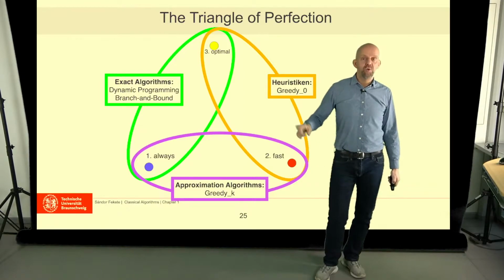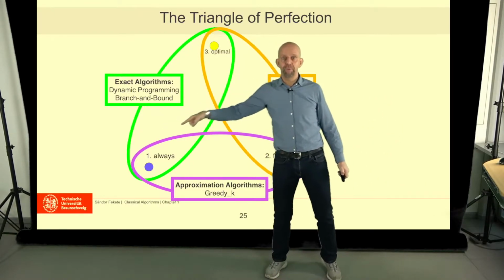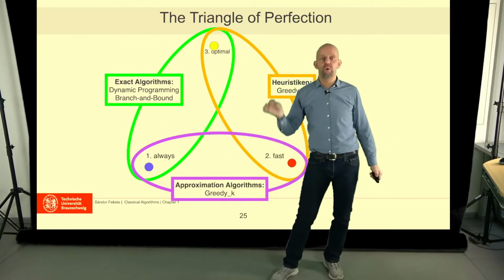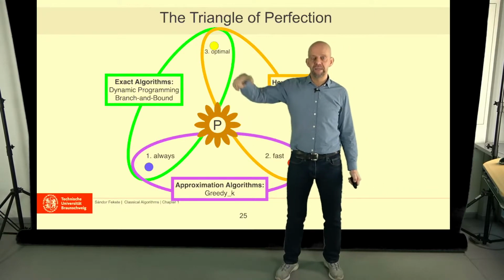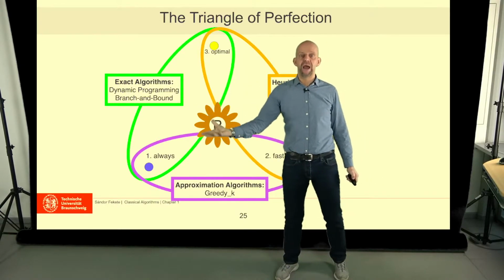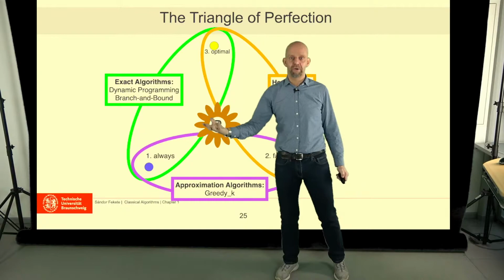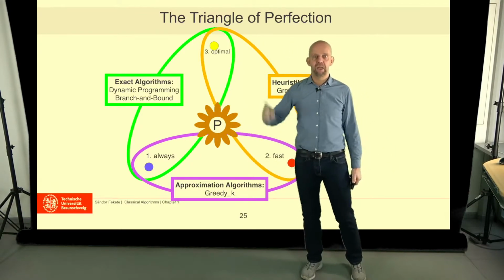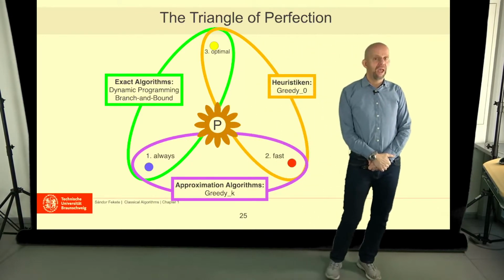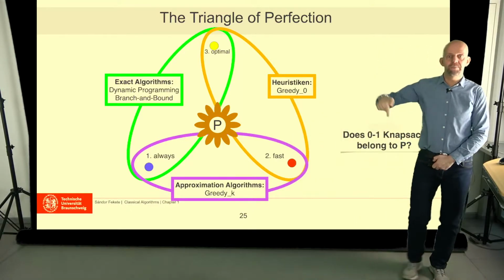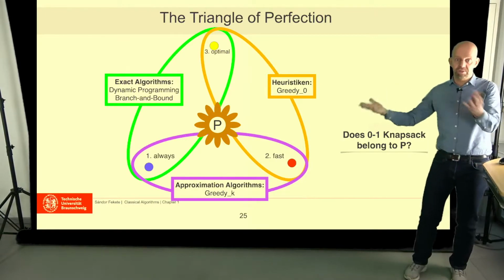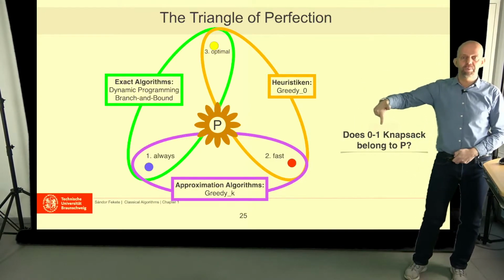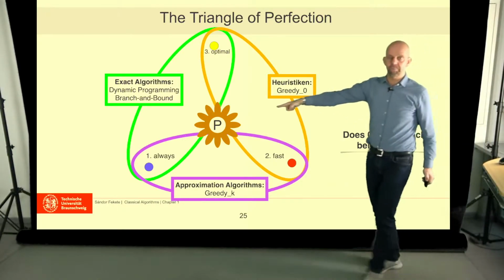So you have these properties, you have the combination of these properties, and what you would like is something that fits in here, that has the blue, the red, the yellow all together in some brown, golden color of perfection. That's the class P, has all these three properties. And the question is, when you look at this problem 0-1 knapsack, which we care about because it's related to, among other things, scheduling problems, does that belong here?